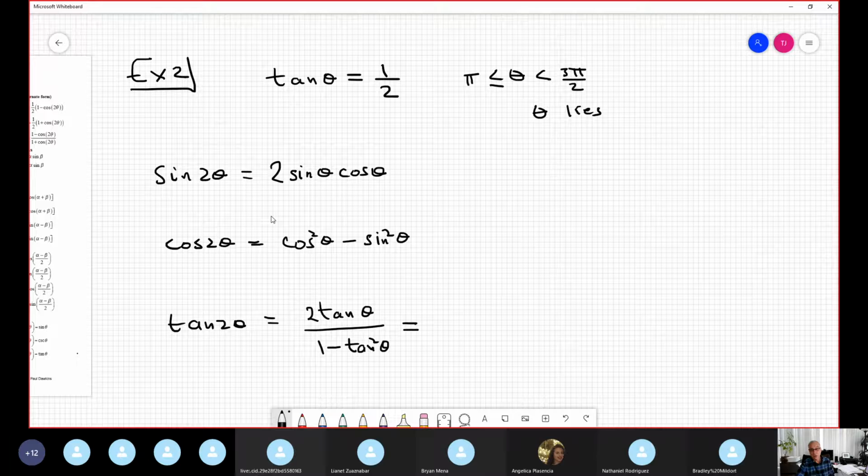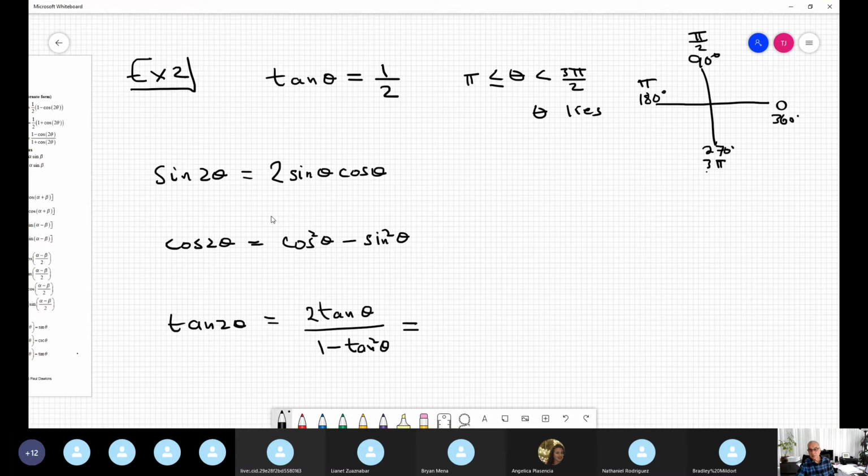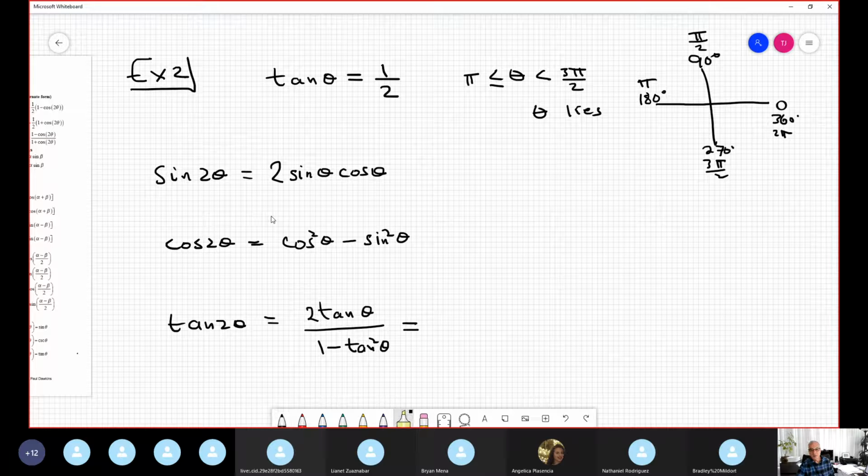Look, this is 0, this is 90 degrees, this is 180 degrees, 270 degrees, and this again is 360 degrees. For radians, this is pi over 2, this is pi, this is 3 pi over 2, and this is 2 pi. It's obvious that the angle is between pi and 3 pi over 2. Third quadrant, correct? Yes, this is the quadrant of theta.